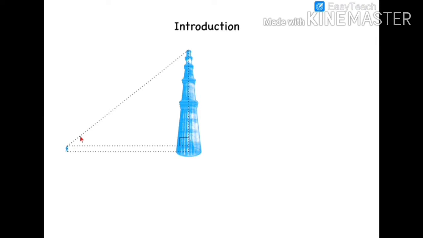So if this person is looking at the top of the tower, then by drawing a line along his line of sight, the structure of Qutub Minar, and drawing a line from the person to the foot of Qutub Minar, we can get a right angled triangle. Now without actually measuring, can this person find out the height of the structure? It is possible with the help of trigonometry.